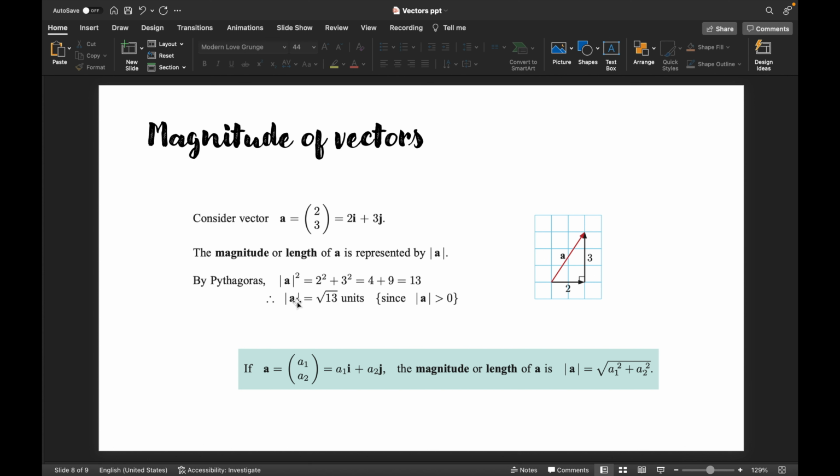So therefore, the magnitude of A would be root of 13, because the length is always going to be positive. We're not going to have -13 units. And therefore, it's going to be plus root 13 units. So this is the general formula. If A is a1 i plus a2 j, the magnitude or length of A is the square root of a1 squared plus a2 squared. It's just like finding the Pythagoras theorem.